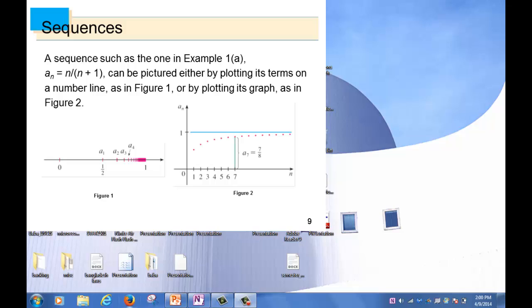All right, so that's how we graphically present sequences. Now, any questions on the graph? So the graph consists of discrete points. Now, if I ask you what's the graph of x divided by x plus 1, where x divided by x plus 1 is a function defined for all x larger than 1, what's the graph in that case?